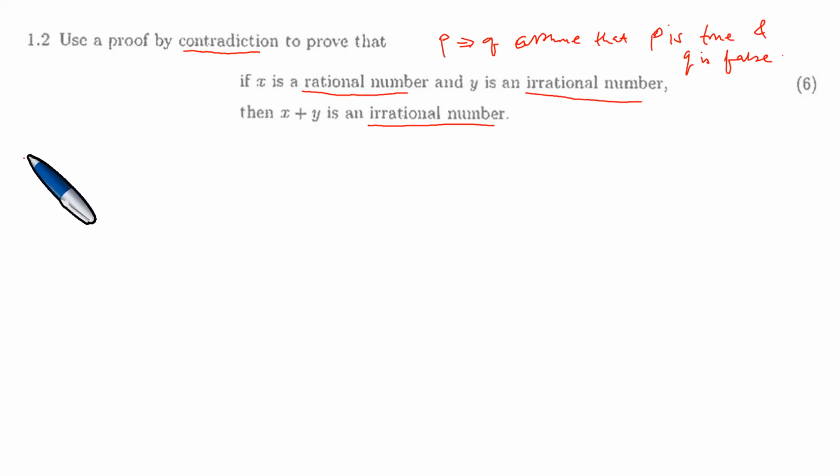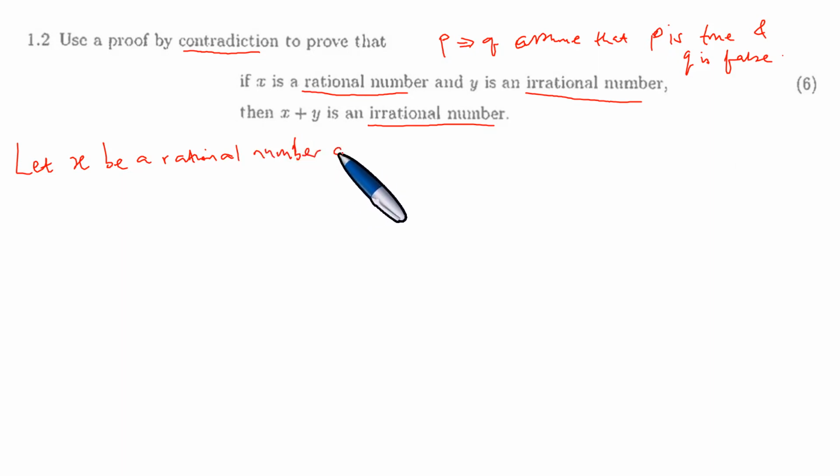To assume P is true, we shall let X be a rational number and Y be an irrational number.